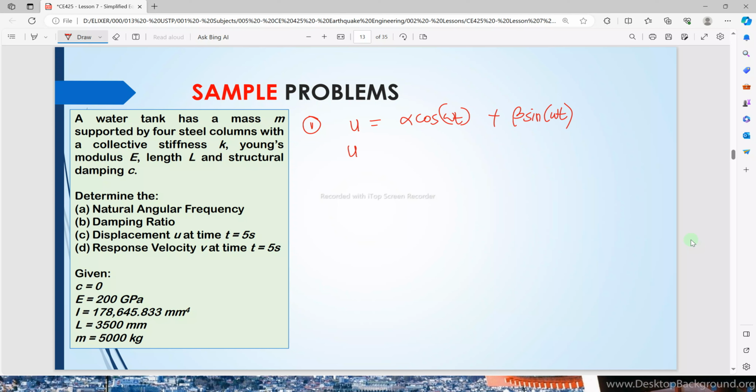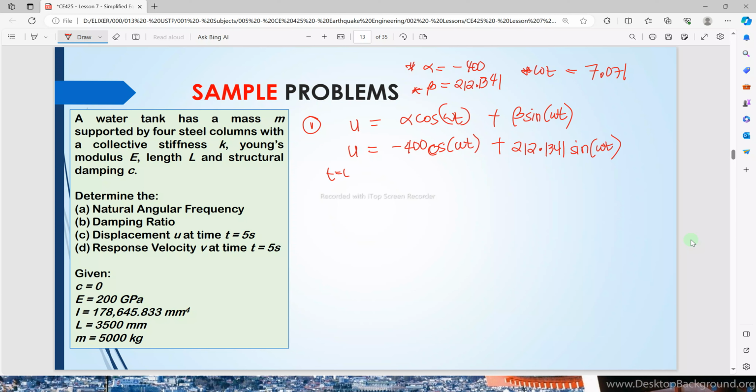Substituting, alpha is negative 400 and beta is 212.1341. Take note that omega t at time equal to 5 seconds is 7.071. So u is equal to negative 400 cosine 7.071 plus 212.1341 sine 7.071.